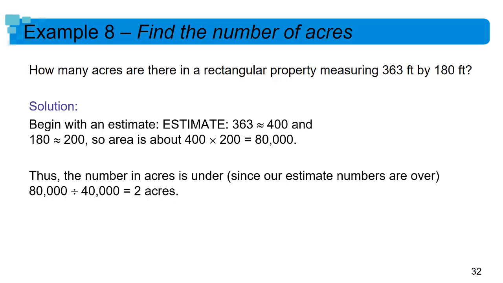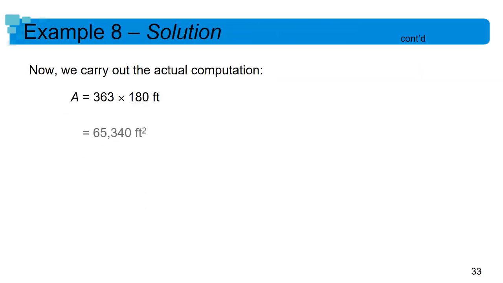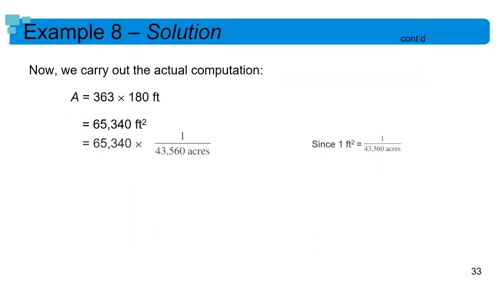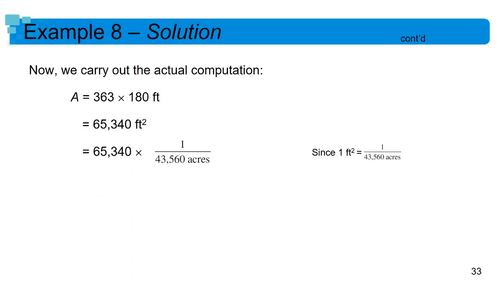We should be thinking that that number is going to be too big because we rounded both of them up. And in fact, when we do the actual number and divide by the actual number for acres, we get 1.5 in the calculator. So you can see how it was a little bit less than our estimate because of all that rounding. Okay, so that is area in a nutshell.